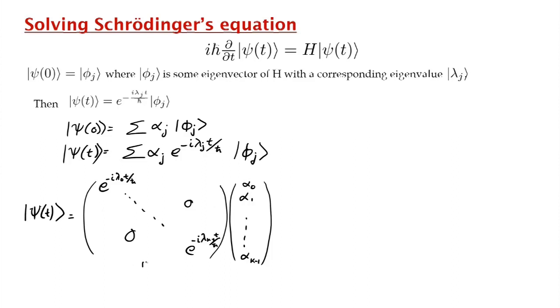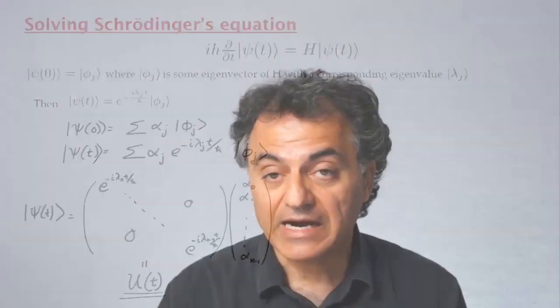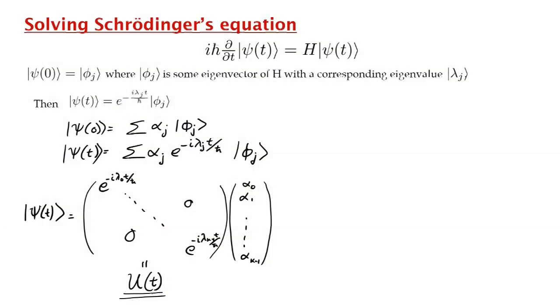So what's this operator? Well, let's call this u of t. This is the operator that says how the state of the system evolves over a period of time t. Okay, you can check that u of t times u of t dagger is equal to u of t dagger times u of t is the identity, right?